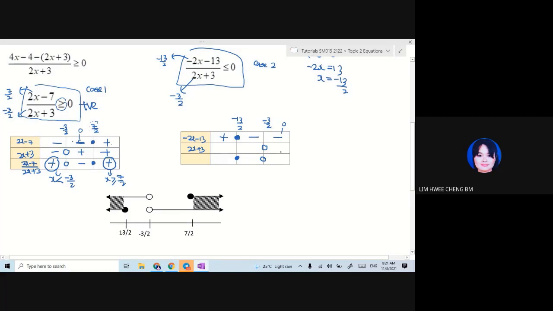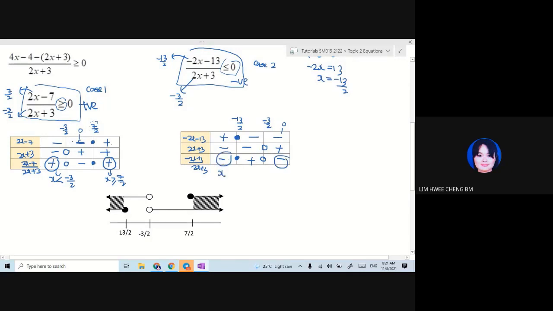Okay, same case for the second factor 2x plus 3. So you have the positive, negative, negative here. And for the final solution, I'm going to choose the negative side because the statement says that the whole thing is less than 0. So I choose the negative side.